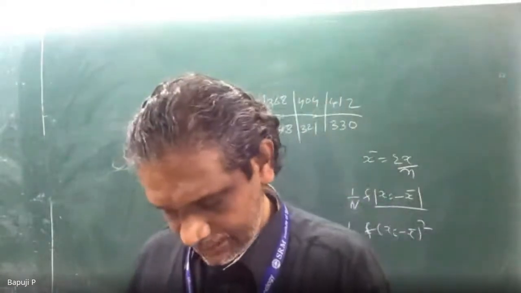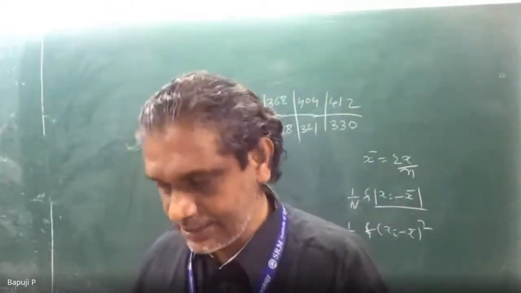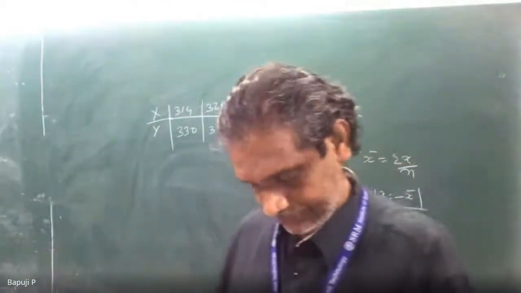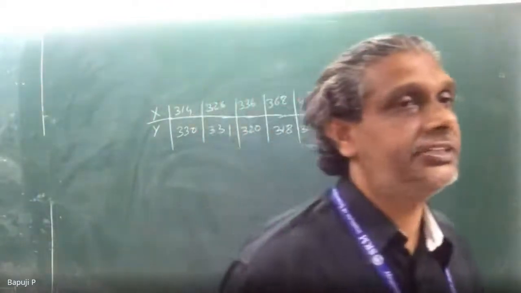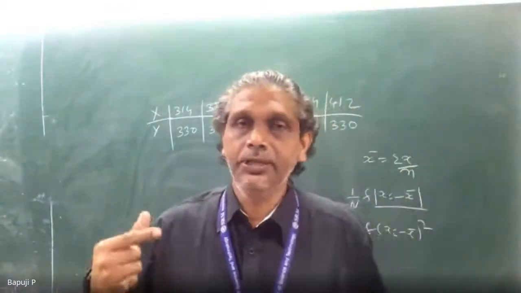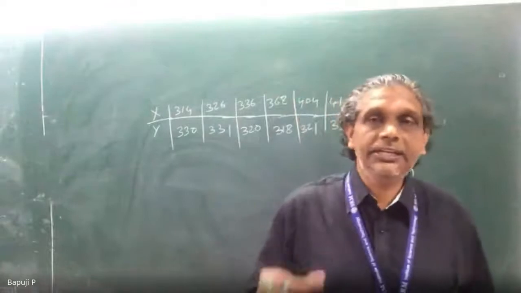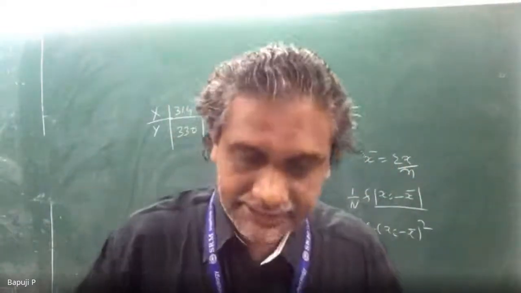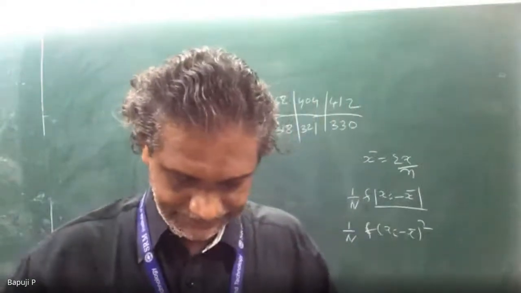Mean deviation means f into |x_i minus A|, where A will be mean, median or mode. So this is the difference: mean deviation is just the absolute value, whereas for standard deviation you take the squared deviation terms, and under square root we take. That is the difference.